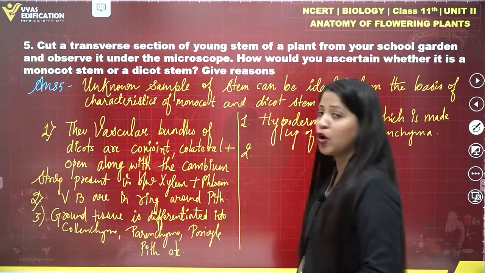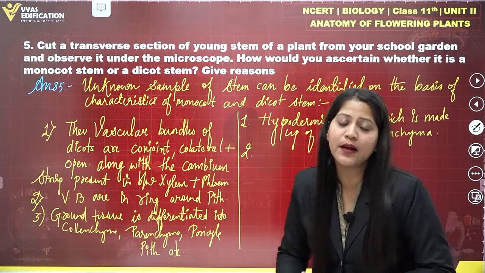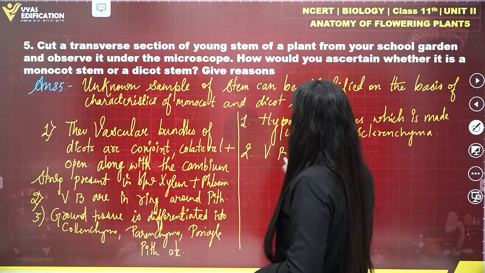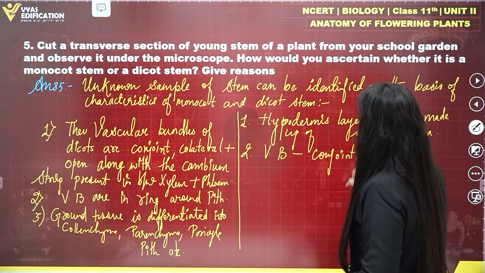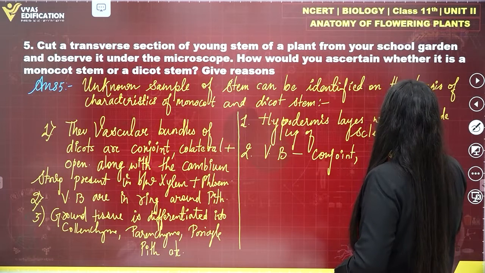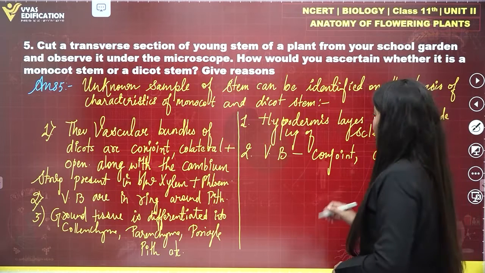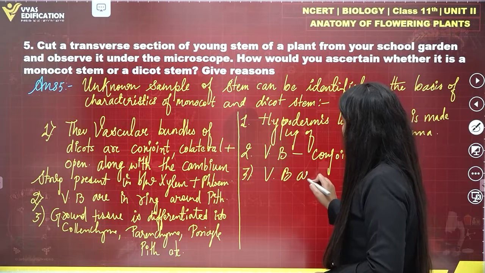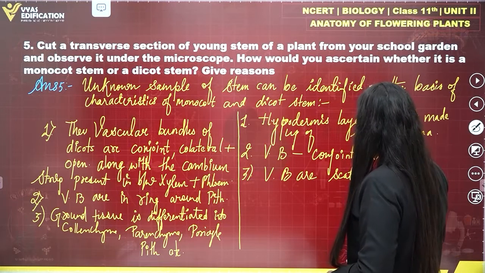Second, they have vascular bundles which are conjoint and closed. That means there is no secondary growth in the monocot stems, and the vascular bundles are scattered.